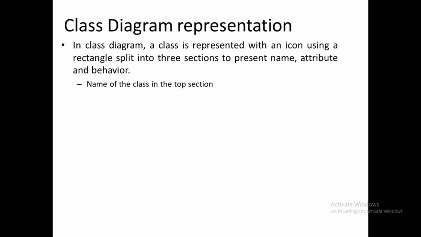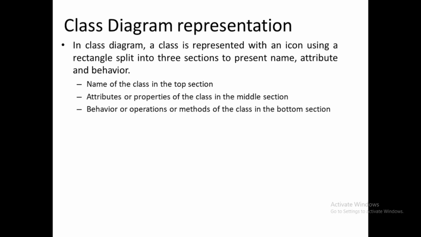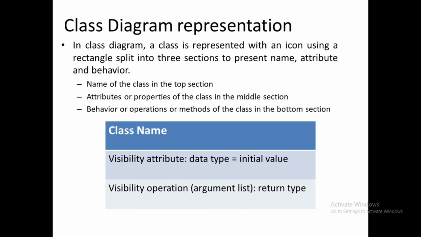So here 3 things we have to define: name of the class in the top section, then attributes or properties of the class in the middle section, and at last behavior or operations or methods, or you can also say functions of the class in the bottom section. So here you can see the representation. Class name. So first we have to give the word class, and then we have to give the name of that class.